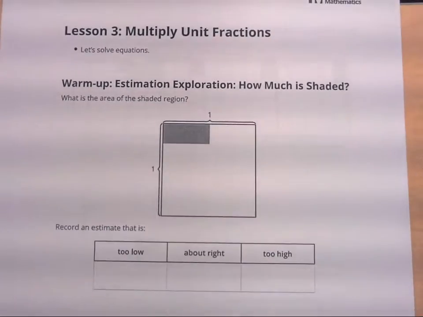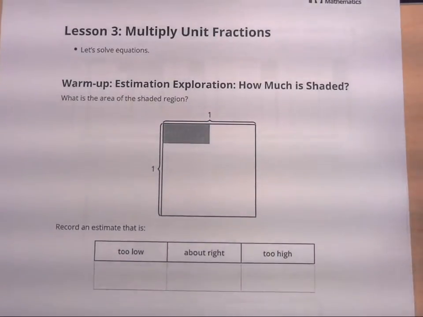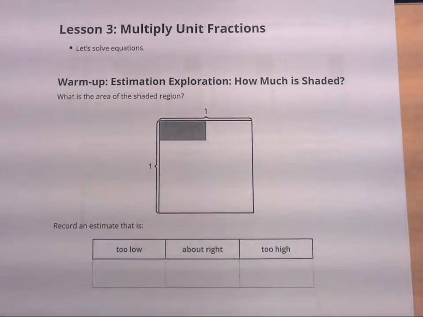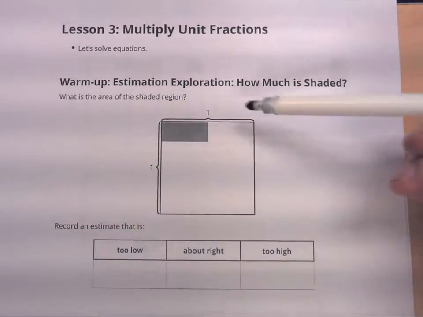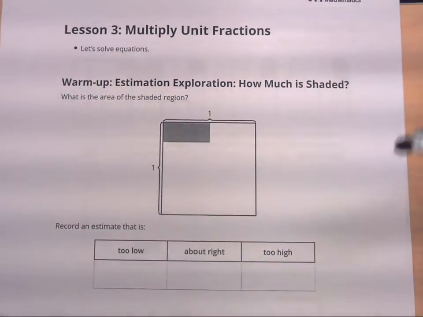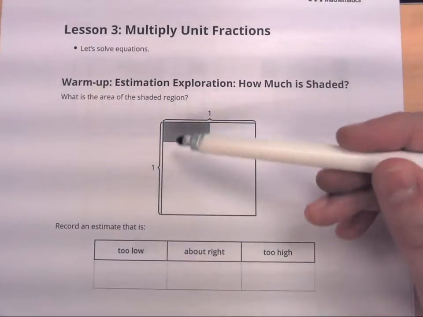So the first task that students were asked to do at the beginning of class today was to consider this model here. And we see that this model is 1 unit. And then there's a portion or area of this unit that is shaded in.